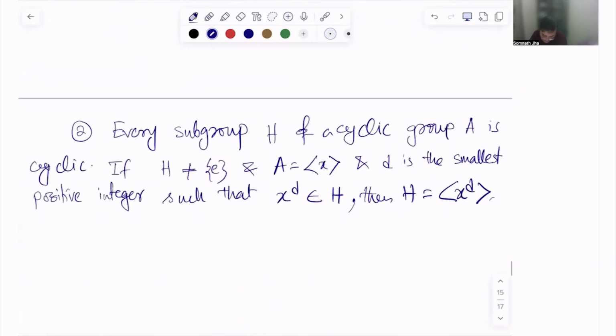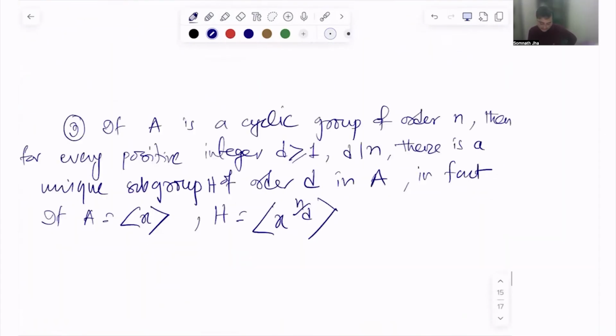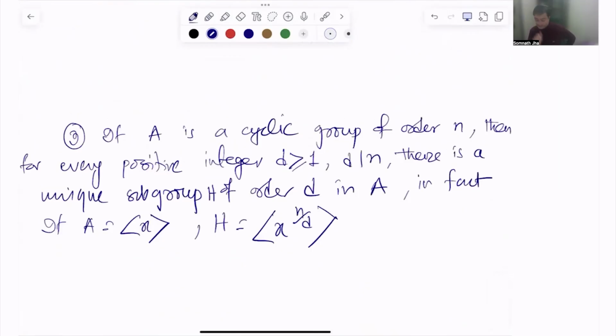One is that every subgroup of a cyclic group is cyclic, and if d is the smallest positive integer so that x to the power d belongs to that subgroup, where x is a generator of the group, then H is generated by x to the power d. On the other hand, for every positive divisor d of n, where A is a finite cyclic group of order n, there is a unique subgroup H of order d, and that subgroup is generated by x to the power n over d.